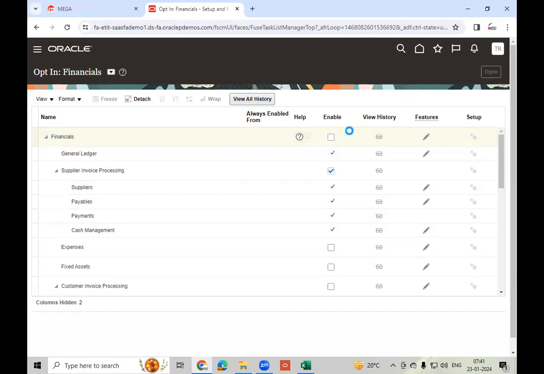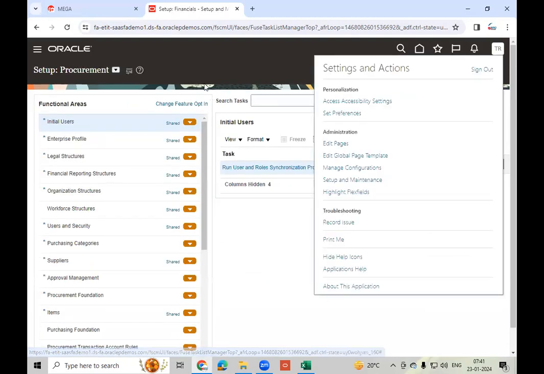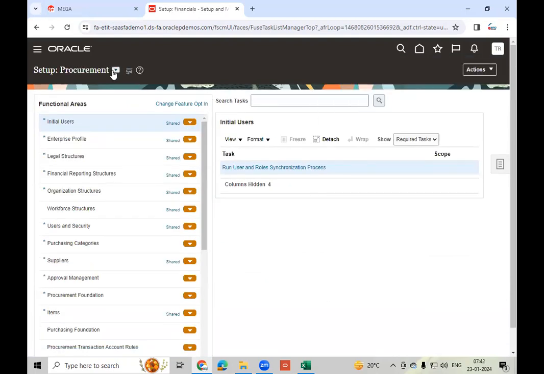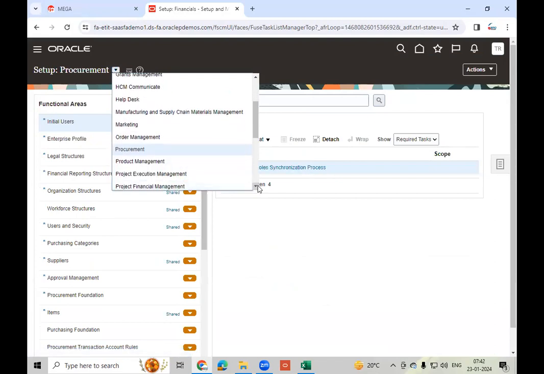Now I disabled it, I'm just showing you. Now in the FSM, just check: is financials there? It is not available, because I disabled that one. So in a fresh, real environment, this will be blank.